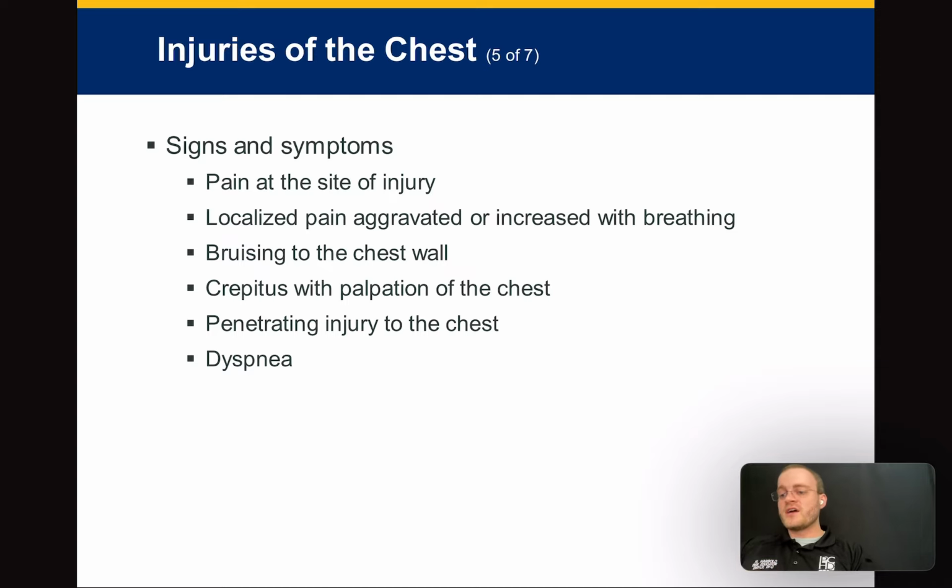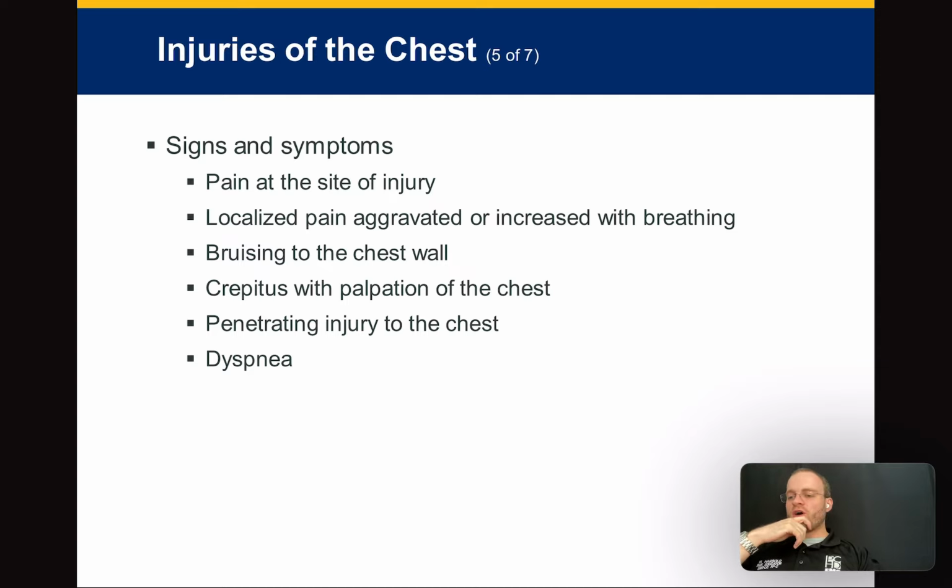It hurts to laugh because we use all of that. When we use these muscles to help us in that, and it's injured, and you use it further, it's going to hurt. And so localized pain increased with breathing. And so again, breathing, coughing, laughing, talking, hiccuping, all of that's going to hurt.